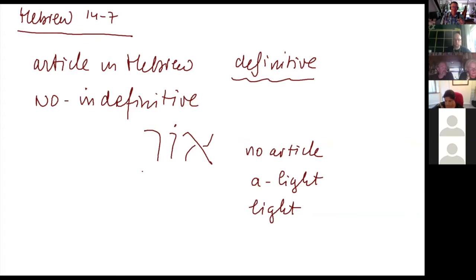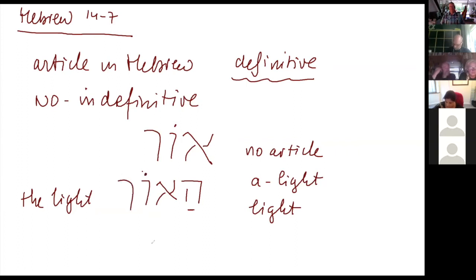If you have the light in Hebrew, you get ha or. That's just an example.